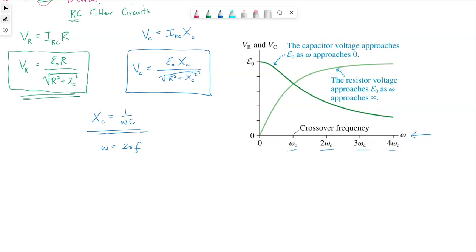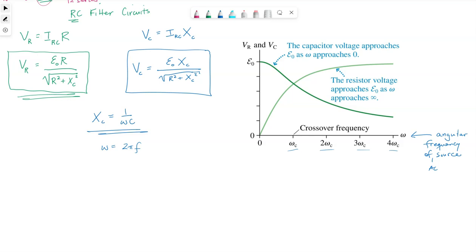These values on the horizontal axis are representing the angular frequency, or possible angular frequencies, of the alternating source. If we change omega, that changes our voltages, and that's because XC changes.